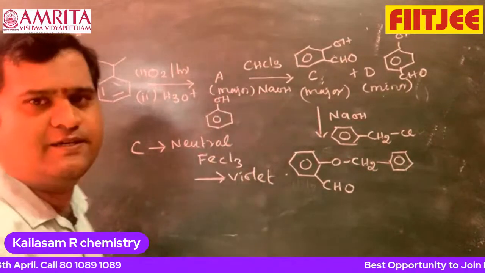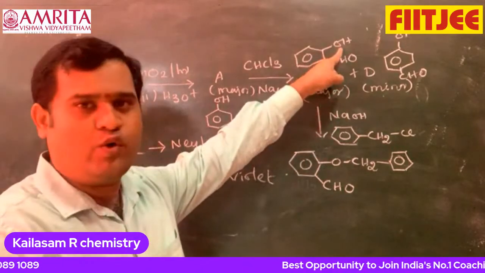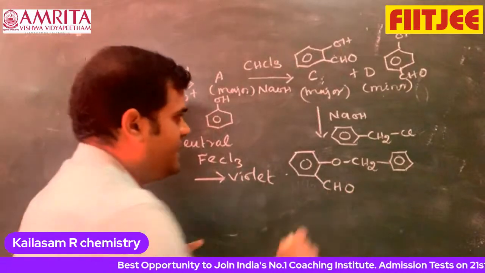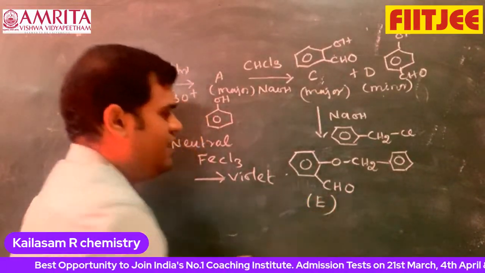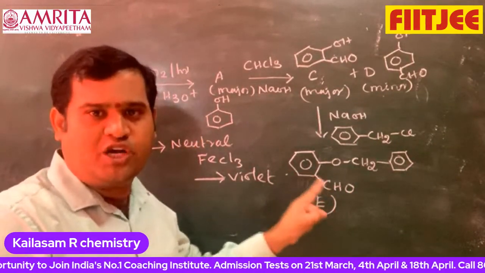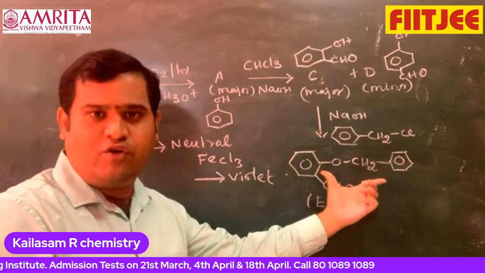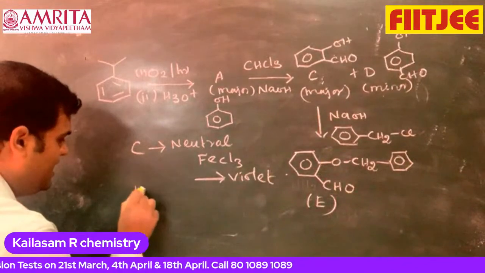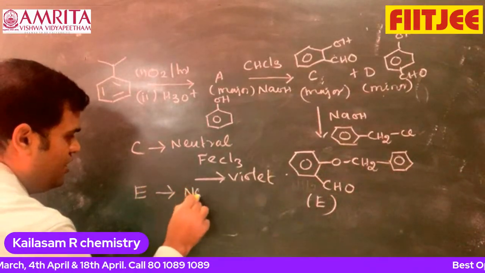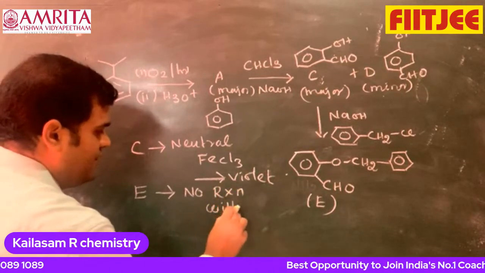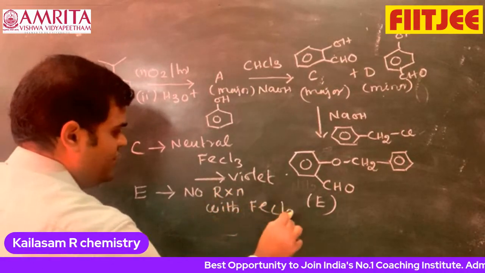Yes, it is right. Why? Because a phenolic OH is there. Phenolic OH reacts with neutral ferric chloride. But this I can call E. E cannot react with neutral ferric chloride. Why? Because it's an ether. That means E shows no reaction with FeCl3.